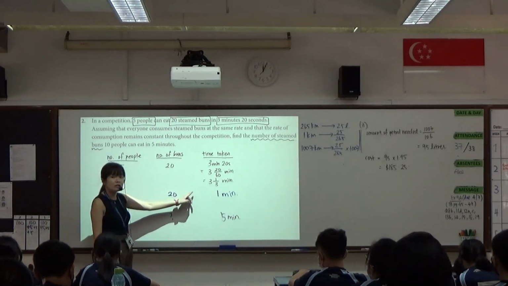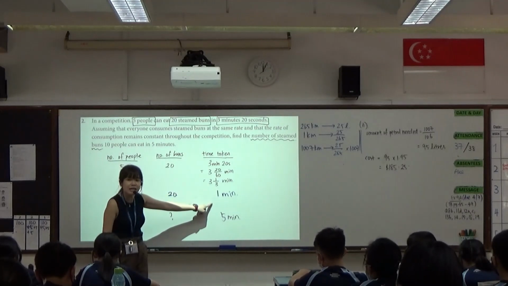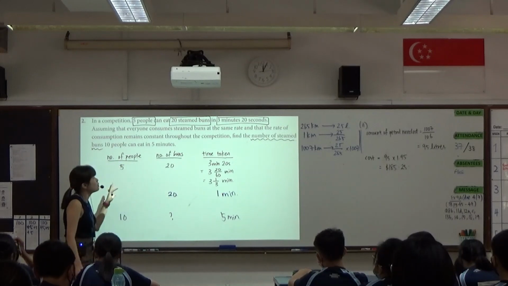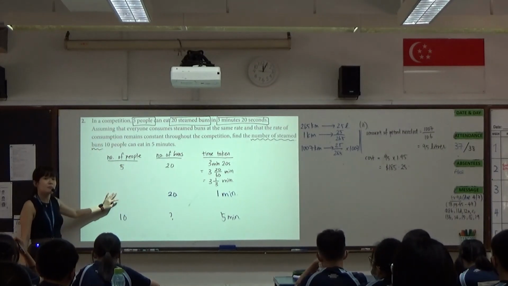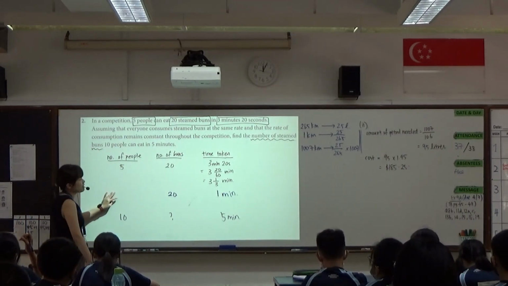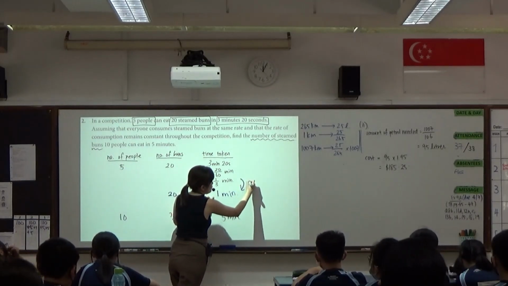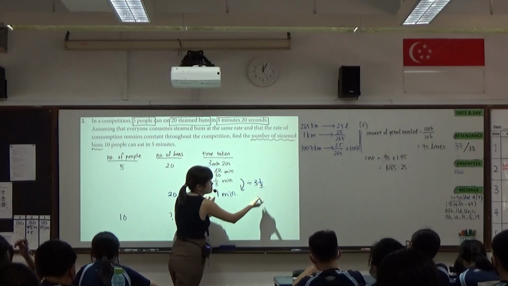So you think logically, if I have less time and my number of buns remains the same, will I need more people or fewer people? More people, right? So therefore, if 3 1/3 changes to 1 minute by proportion, we are dividing by 3 1/3.